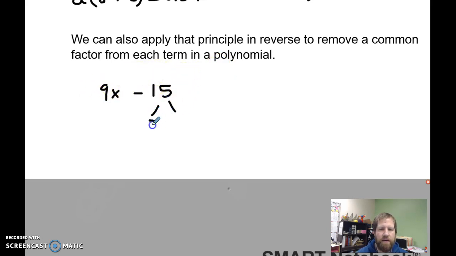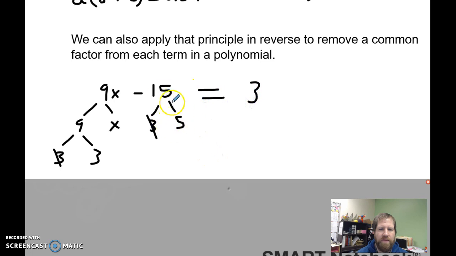So we've got 3 and 5, and we've got 9 and x, and 3 and 3. Those are all my factors, so my greatest common factor is going to be 3. I'm going to pull that out of each of these, this 3 and this 3, and whatever's left stays in the same spot for that term.